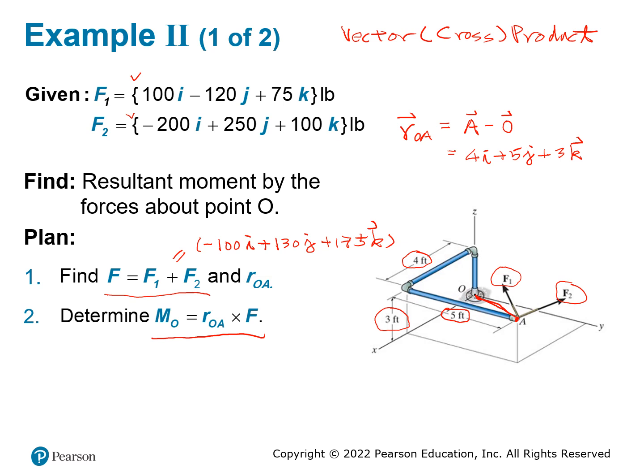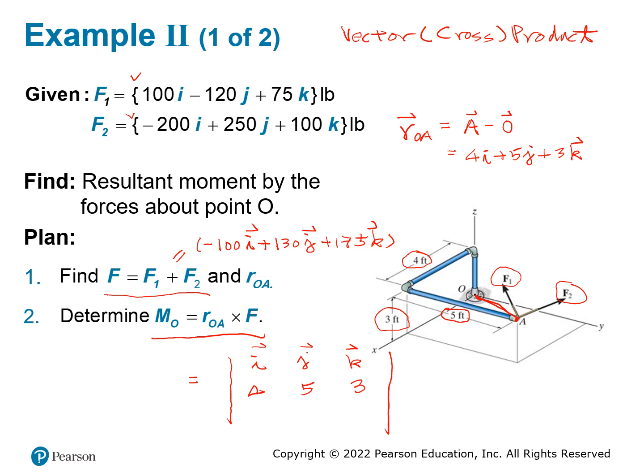Okay, so now we have a force, we have a position vector. We can use this formula to find our answer, and we just use the determinant method. We put the I, J, and K on the top. This will tell us the direction of the moment. And then we put the R component, which is going to be 5, 4, and 3.